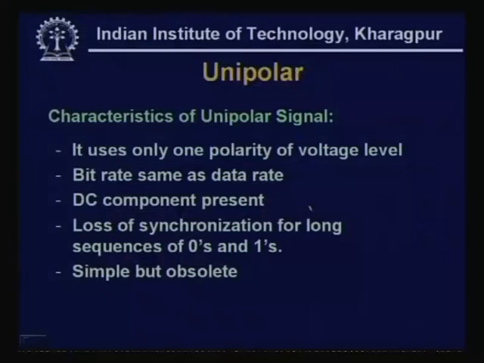It is not used because of the limitations. For example, DC component present, this is a bad feature, loss of synchronization is a bad feature, and of course, bit rate and data rate being the same. We may not consider it good, but it is definitely not bad. But it is simple because it uses only one polarity of signal. Let us see what are the other schemes used.